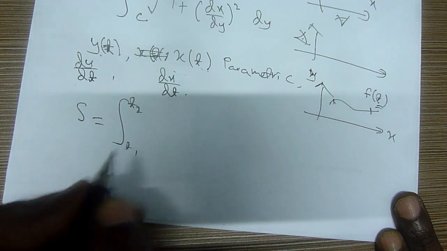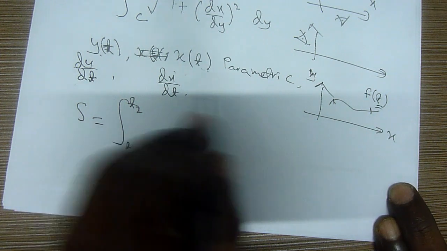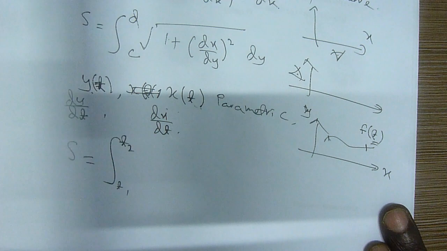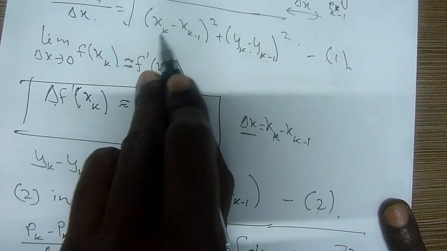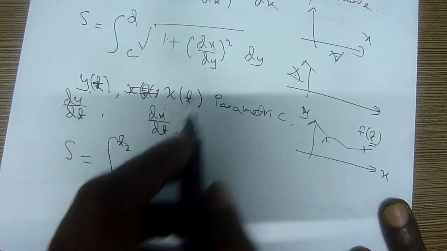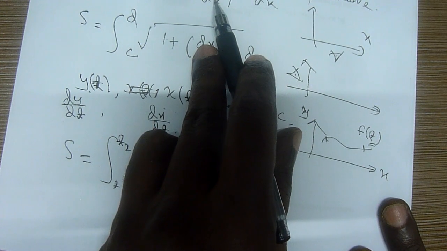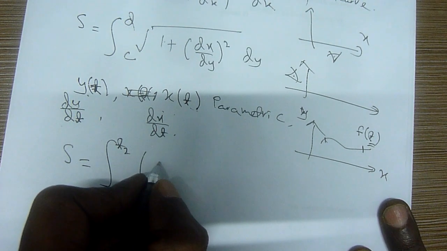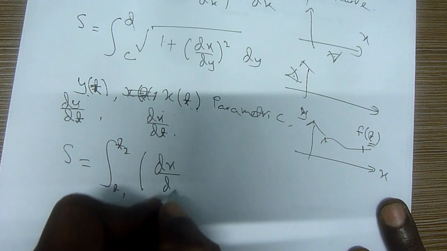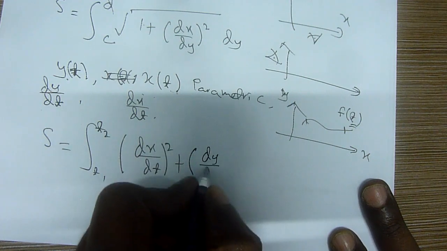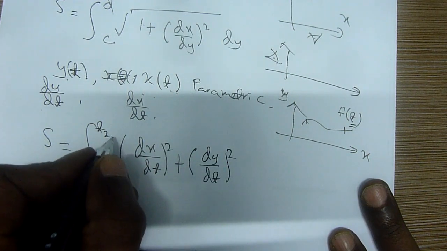And the representation will be, initially we started everything with this, right? Imagine we started with this. Now the parametric is dy/dt, and for the particular parametric we will get the square root of dx/dt squared plus dy/dt squared.